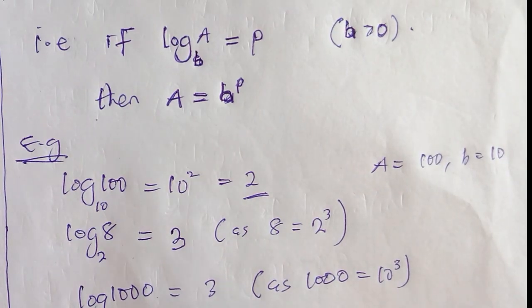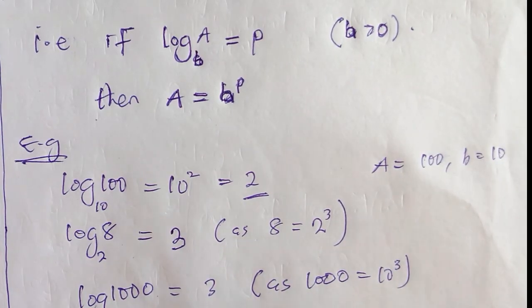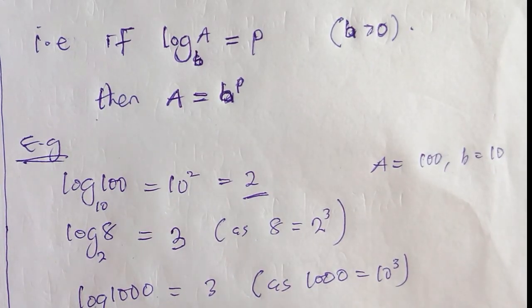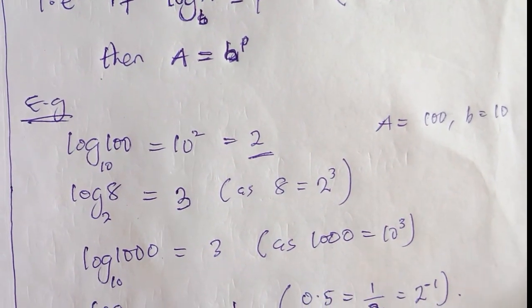The same thing goes for the logarithm of 0.5 to the base of 2, which is equal to -1, because we must raise 2 to the power of -1 before we obtain 0.5. So these are just a few of the examples.